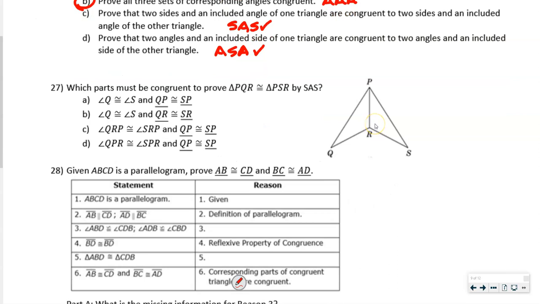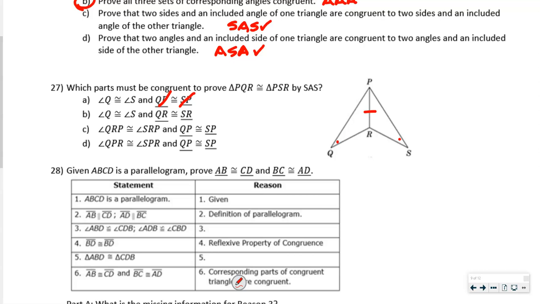Okay. Number 24 says which parts must be congruent to prove that PQR is congruent to PSR by side, angle, side. So we know that we have the shared side here. So we need a side with an angle between it. So if we look at Q and S, if that was our angles, then it would have to be QR and RS, and that's not the case here, right?